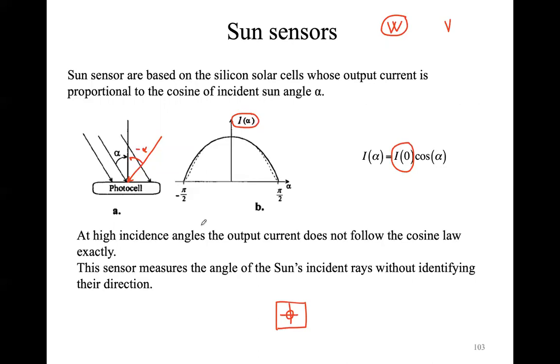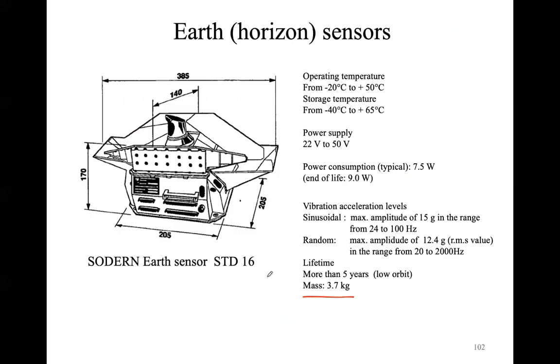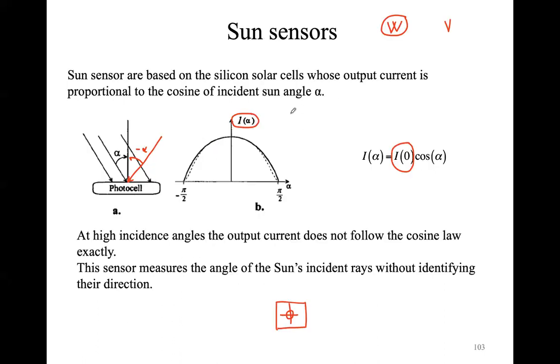As we can see from a previous example, this Earth horizon sensor has an accuracy of about 0.02 to 0.5 degrees in the attitude knowledge of the roll and pitch axis. And some sun sensors can approach accuracies of about 0.015, lower than the lower bound of the Earth sensors.